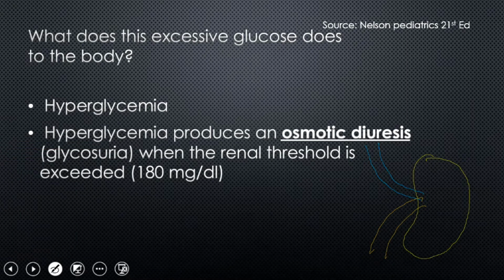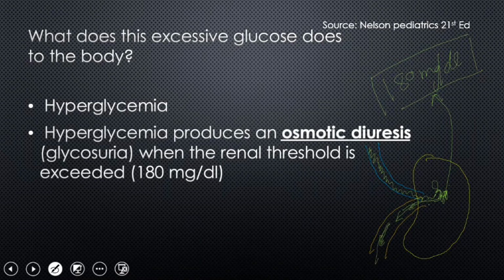When this excessive glucose reaches the kidney, after a threshold of 180 milligram per deciliter of serum glucose, it starts coming in the urine.